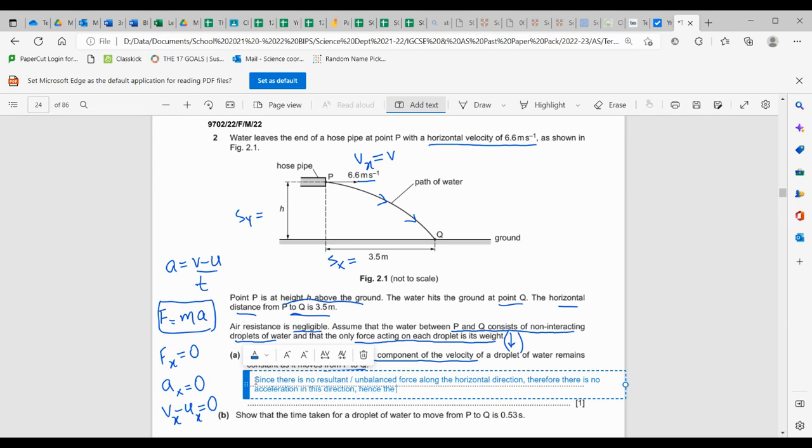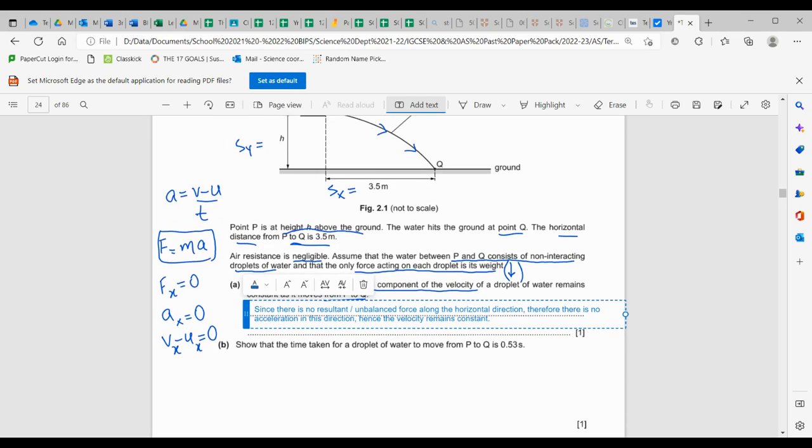Hence, the velocity remains constant. Okay, moving ahead.